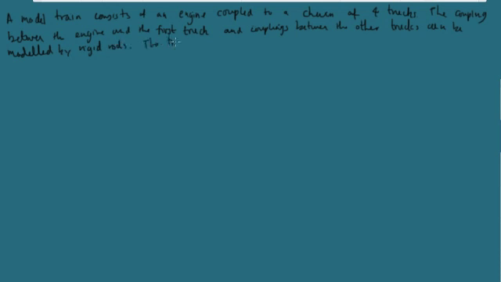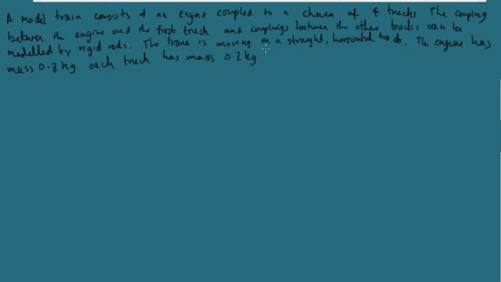The train is moving on a straight horizontal track. The engine has mass 0.8 kilograms and each truck has mass 0.2 kilograms when empty.